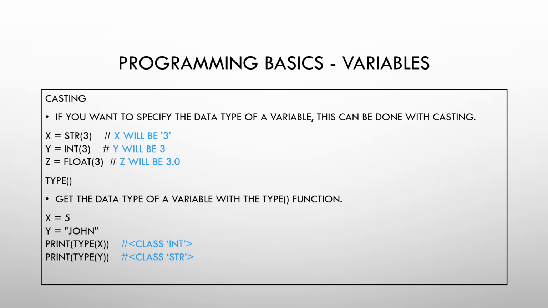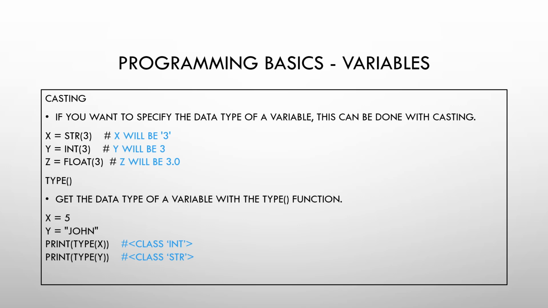So if I write x is equal to 3, then x will be an integer 3. But as I have written x is equal to str of 3, now this x will be a string data type. So see here x will be 3, which is written inside single quotes, so it is considered as a string.